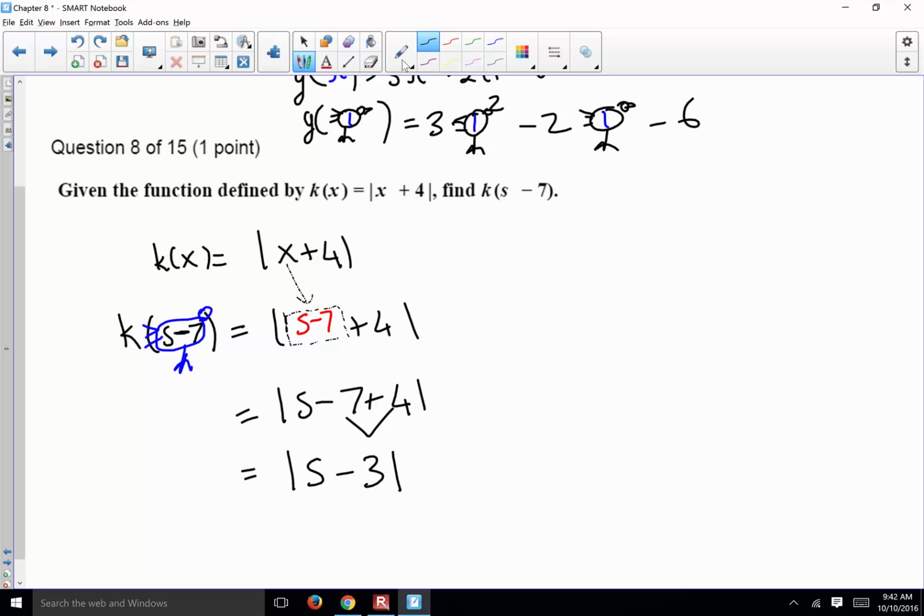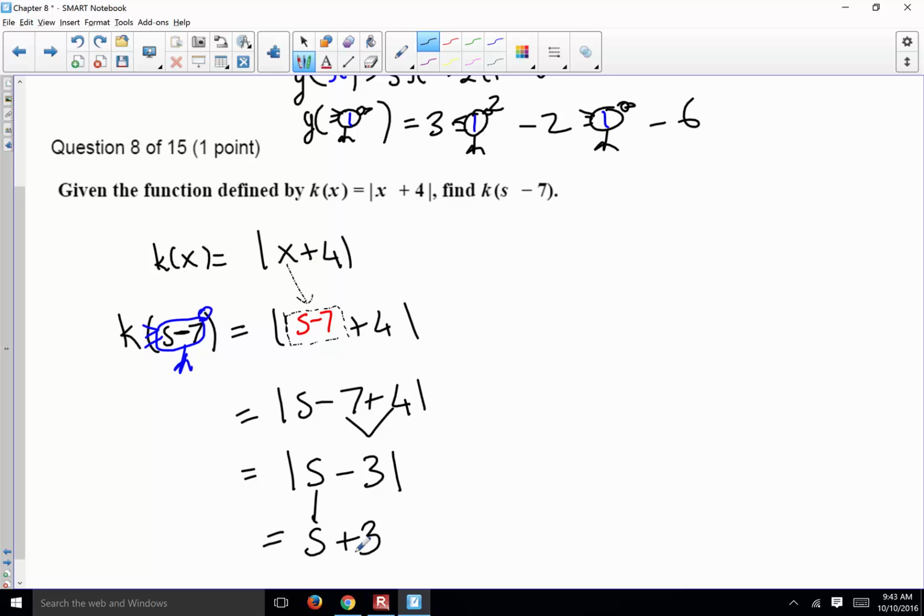Okay, here comes the $1 million move. I know absolute value makes negative things positive. Can I make this, s is already positive, this negative 3 into positive 3? Can I?